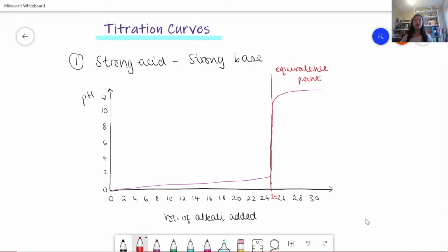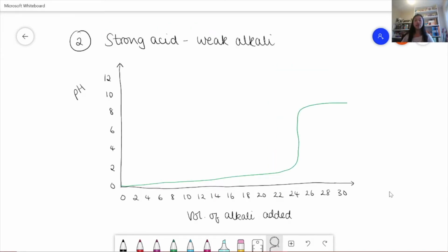The equivalence point can also be called the end point. They're very, very similar terms, so they can be interchangeable. The second curve we're going to look at is the strong acid weak alkali curve. And so we started off with the strong acid and we're adding a weak alkali to it. And so the pH starts off very, very low until about 25 centimeters cubed of the alkali has been added.